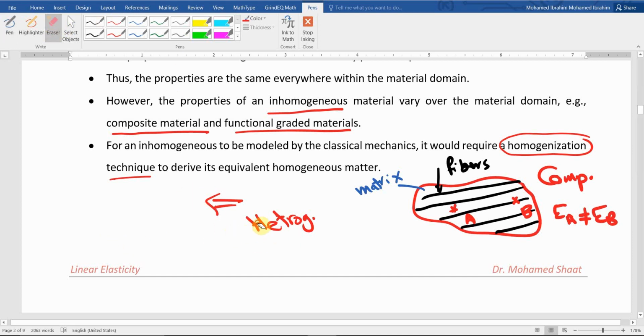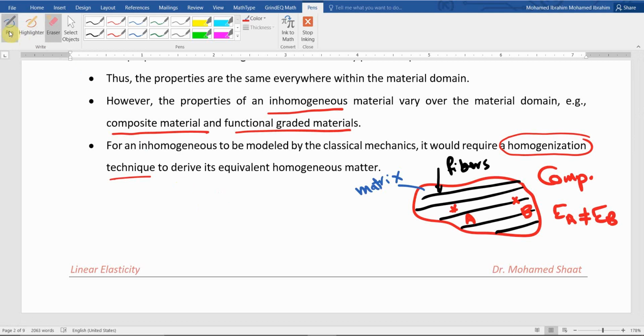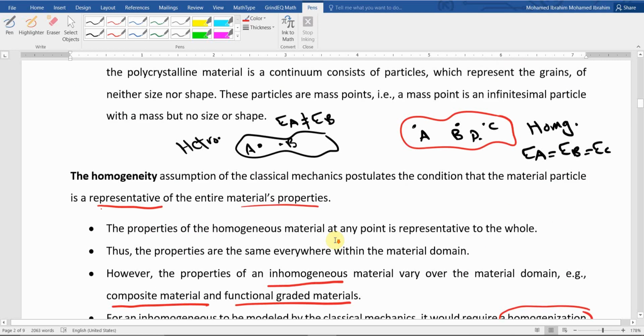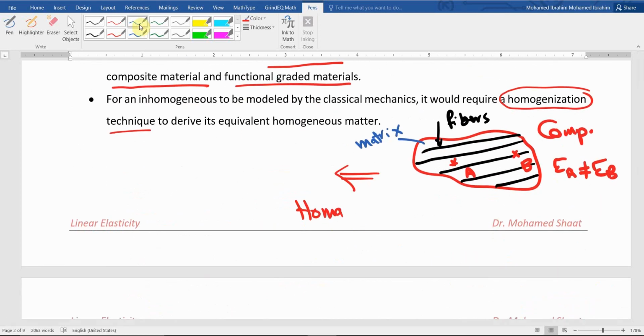So in case we have a heterogeneous material and we would like to deal with it using classical mechanics, we have to use a homogenization approach. We have many micromechanical models, commonly known as micromechanics models, for example the simple rule of mixture model, and the Mori-Tanaka homogenization technique.